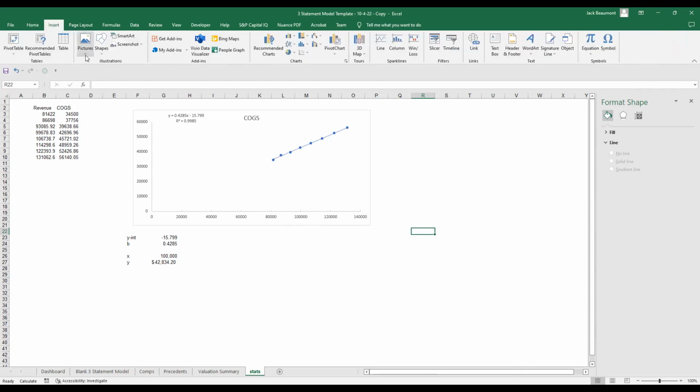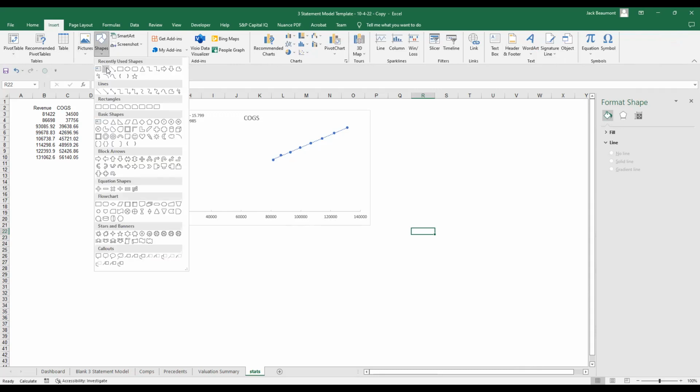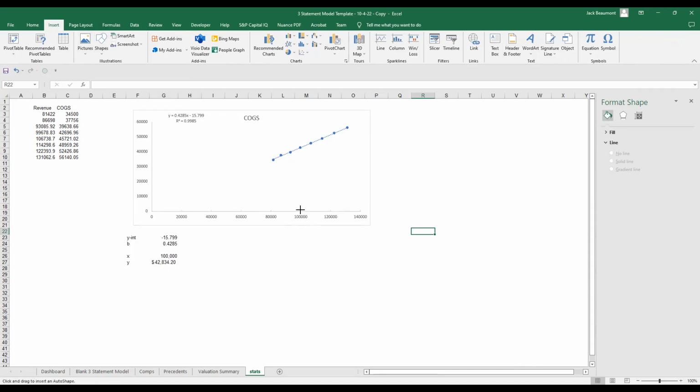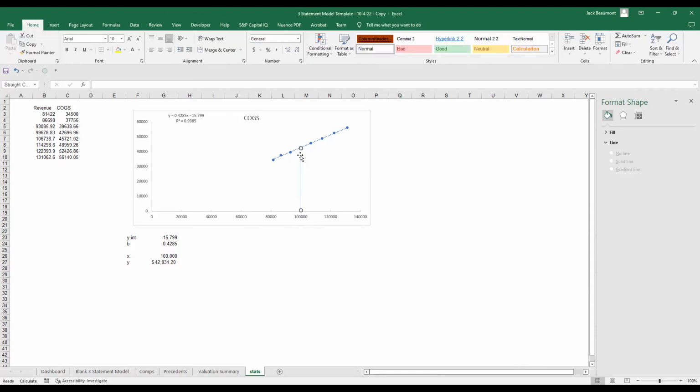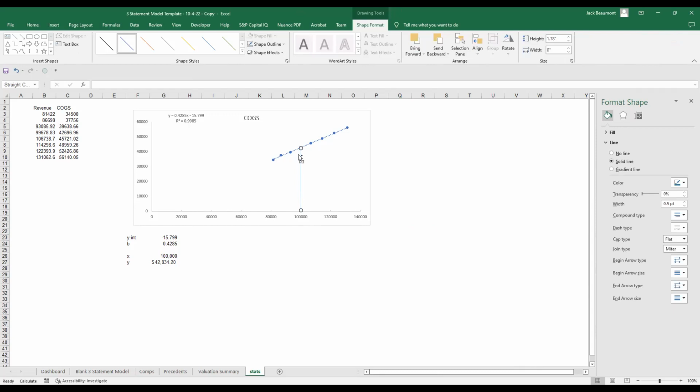Let's insert a shape, this line, and put it directly there. If you hold Shift, it makes sure the line is straight. Okay, we're hitting right there. Copy that with Control C, Control V, and you'll get another one. I want to put this right on there and make this line straight.